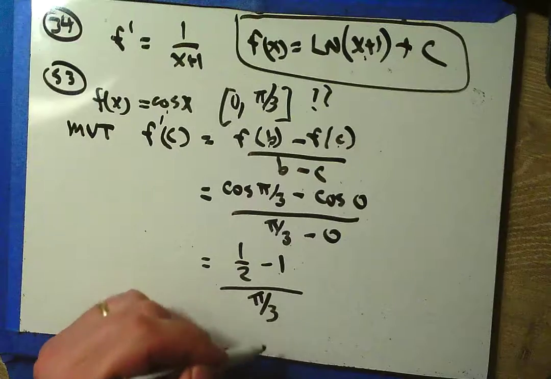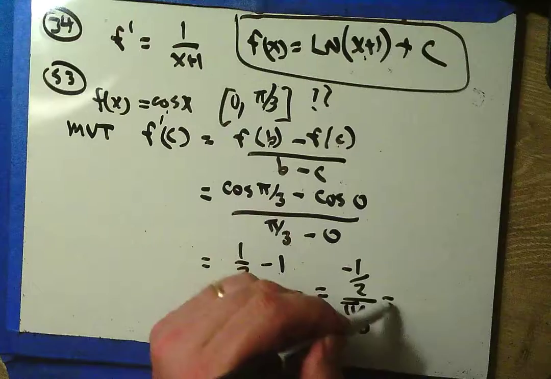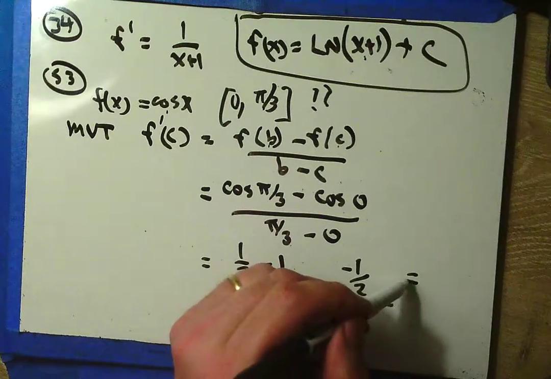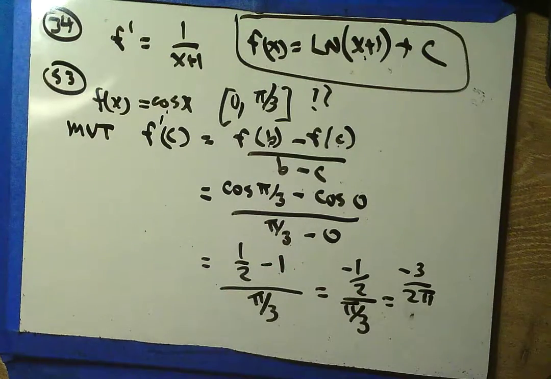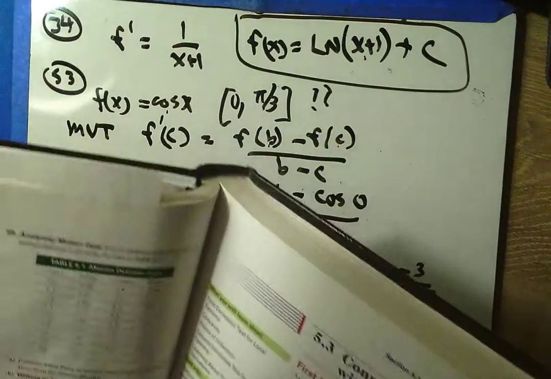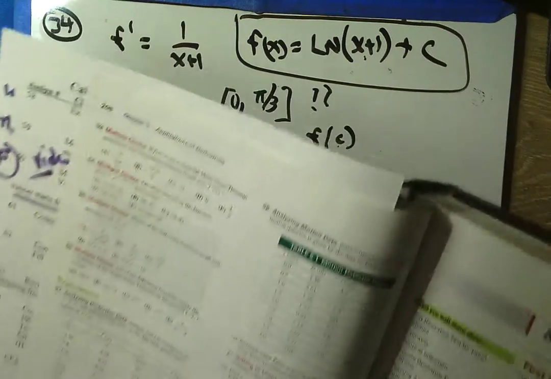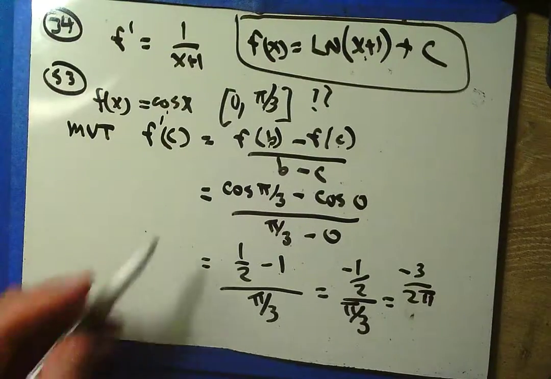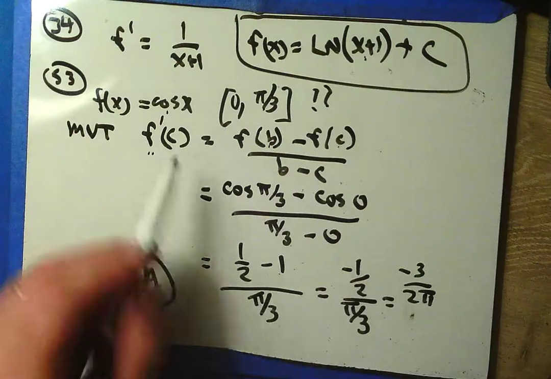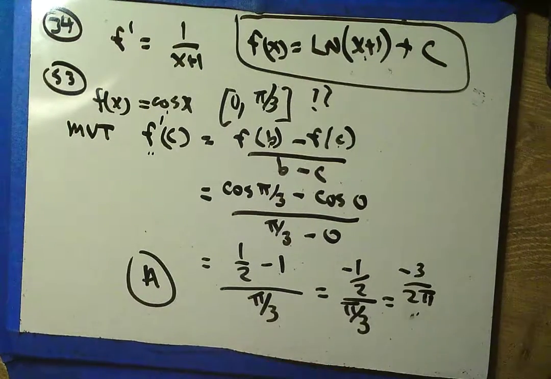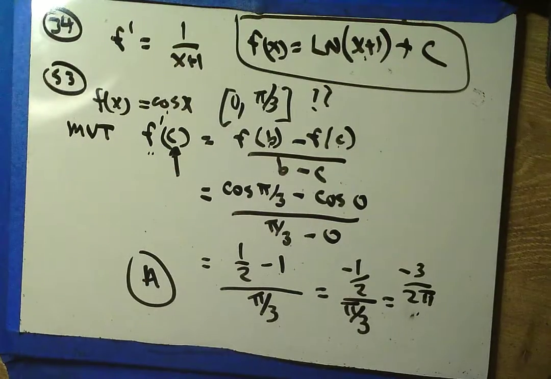So I get negative 1/2 over pi over 3, and when I flip and multiply, I get negative 3 over 2 pi. And negative 3 over 2 pi is choice A. Choice A is my answer to number 53. That's what f prime will equal. F prime has to equal this number at some point, some x value, on 0 to pi over 3.